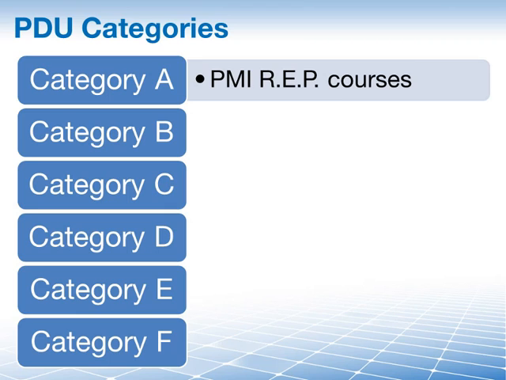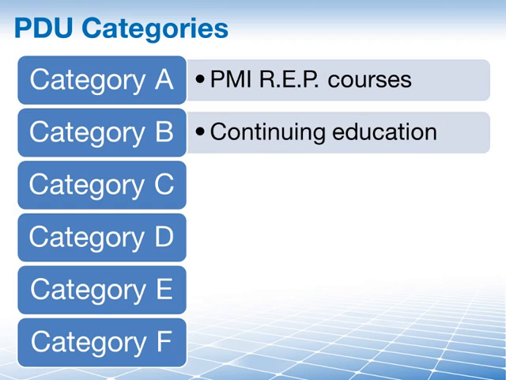Take a look at the various offers that we have once you pass your PMP exam. Category B, same thing really as Category A, continuing education, but not coming to you from registered education providers. So any course about project management that is not coming to you from an REP falls under Category B.